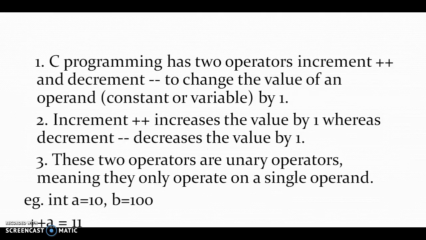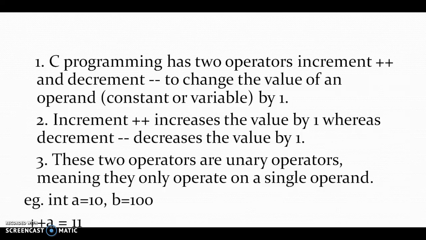Okay, C programming has two operators, increment and decrement, to change the value of an operand by one. Increment, plus plus, increases the value by one, whereas decrement, minus minus, decreases the value by one. These two operators are unary operators, meaning they only operate on a single operand.